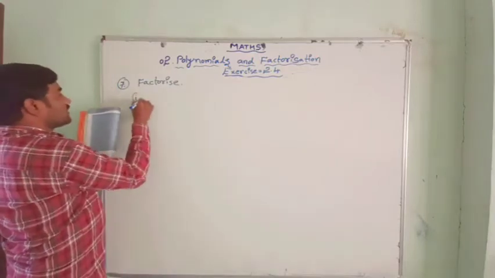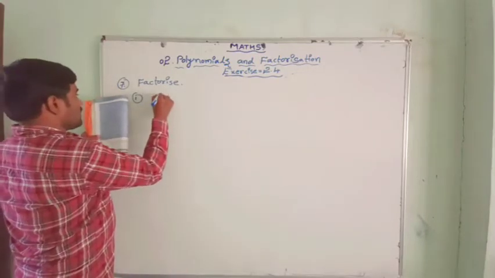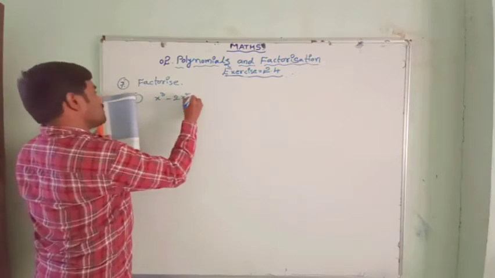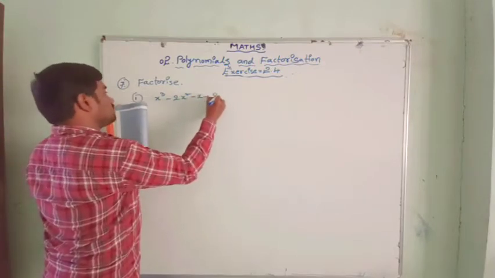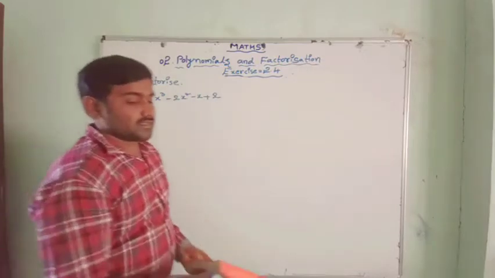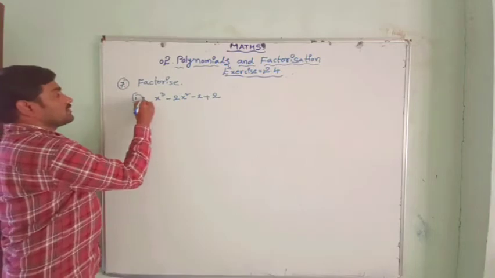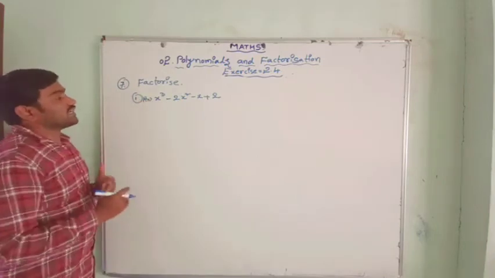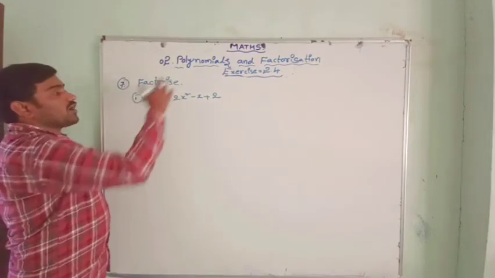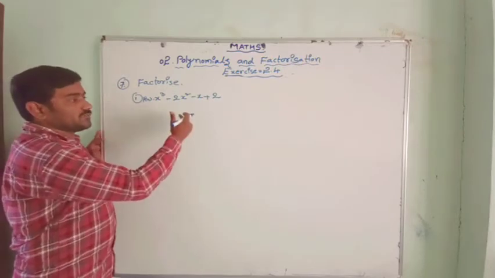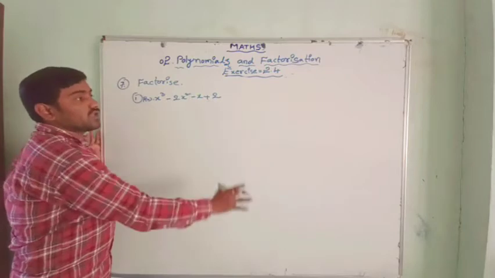So first question is what it is. Let us see. x cube minus 2x square minus x plus 2. So this is a polynomial, that is p of x equal to the polynomial, suppose. Let us see at what value this polynomial equal to 0, and we have to find out by the factor theorem as well as the long division method.